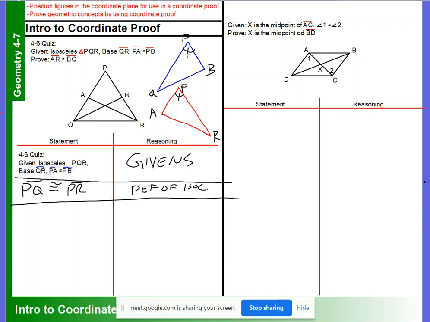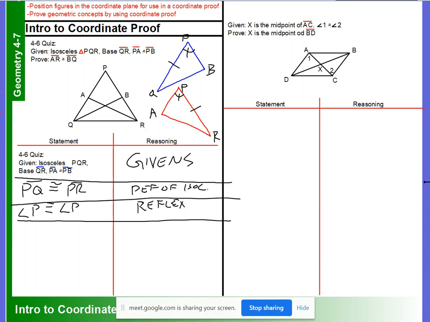And then after that, you'd have angle P is congruent to angle P because of the reflexive property of congruence. And then it's because of SAS, the two triangles are congruent.